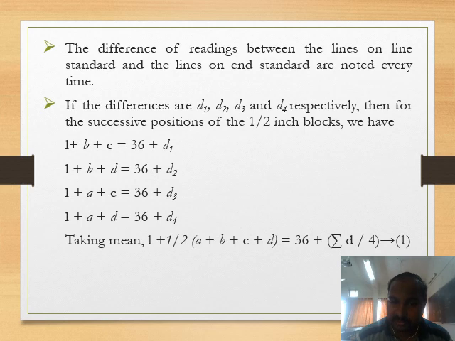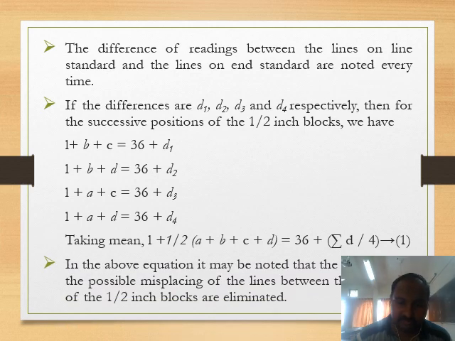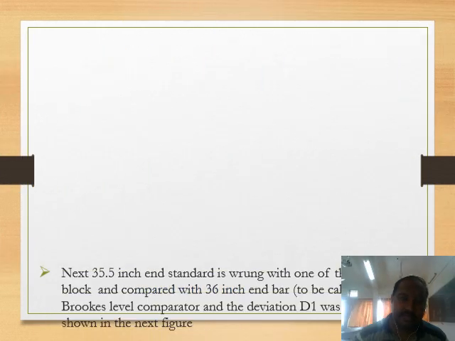When I take the mean, then l plus half of A plus B plus C plus D, which is the 36-inch, 1/2 inch block over which it is engraved, is equal to 36 plus summation of D by 4. Let me call it equation 1. From the equation it may be noted that the possible misplacing of the lines between the engraved lines of the 1/2 inch block is eliminated.